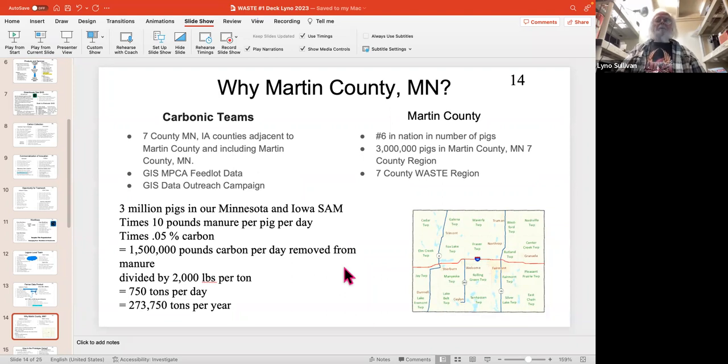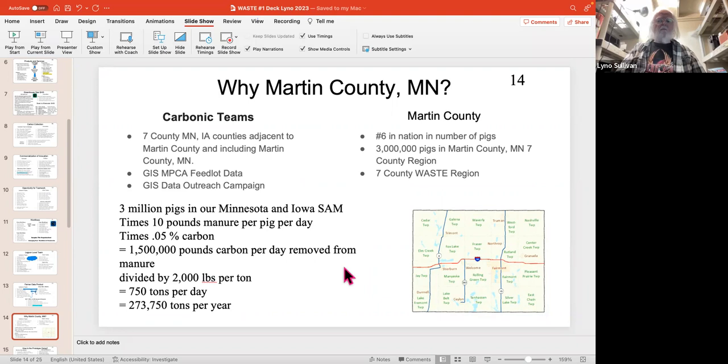For 3 million pigs in Martin County and its 7-county surrounding region, meaning a hexagon with 6 surrounding counties, most of them in Minnesota, 2, I think, in Iowa, those extra counties bring the total up to 3 million pigs.